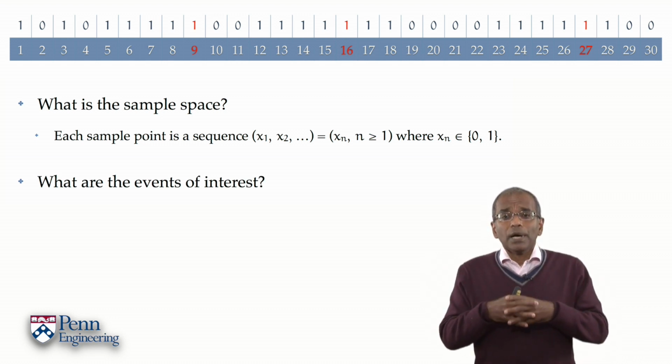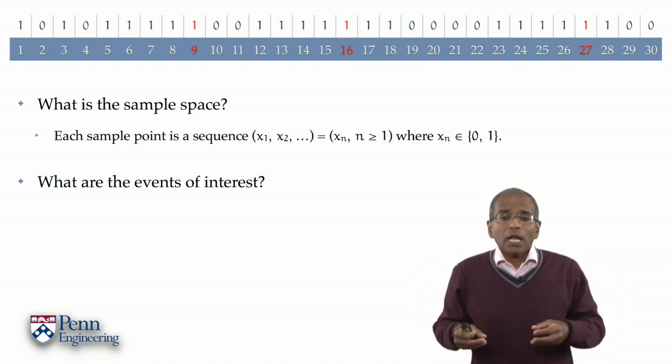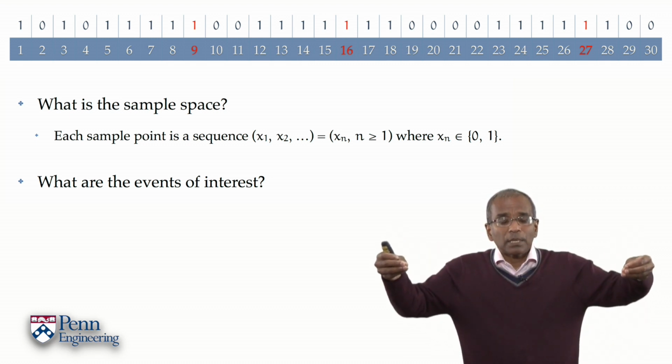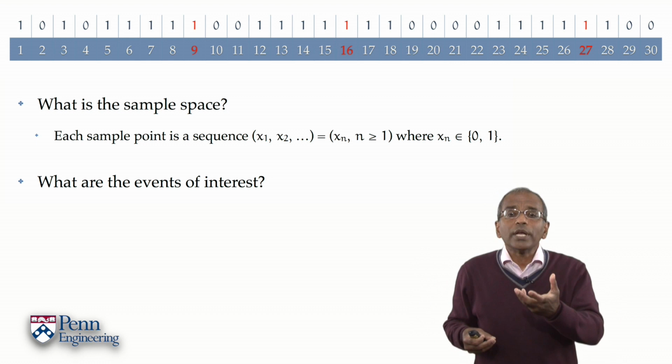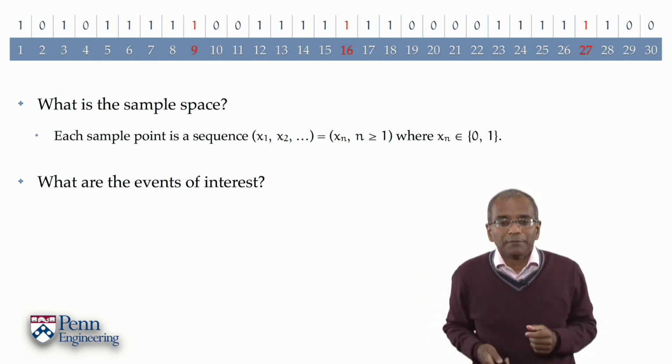So let us say that the basketball player in question has taken n shots, and we're interested in whether in that sequence of n attempts at the basket, there is a string of 5 or more successes, consecutive.